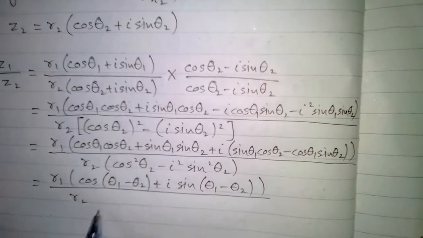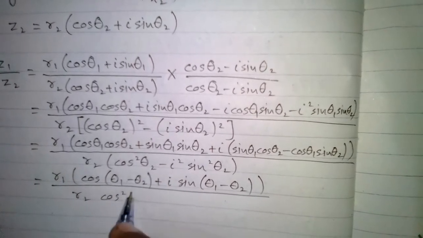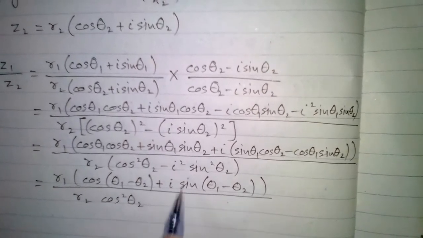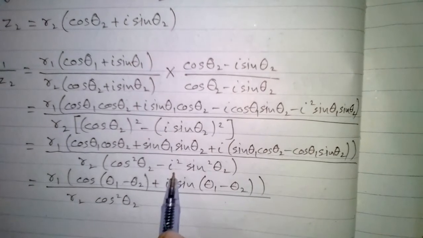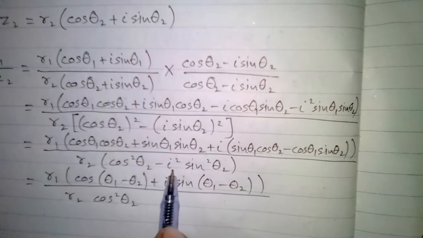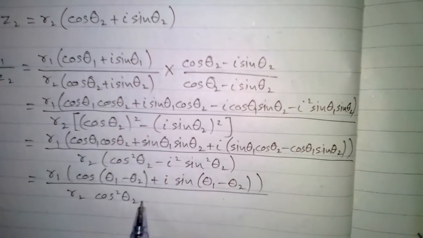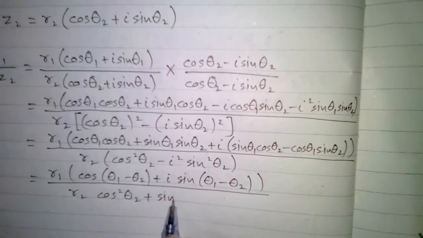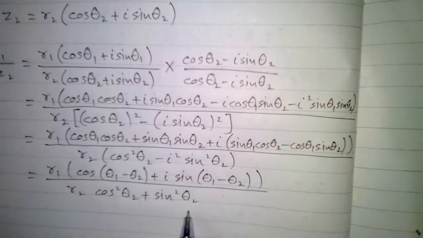Now cos square theta 2, iota square is minus 1, so minus times minus 1 is plus 1, so we have plus sin square theta 2.